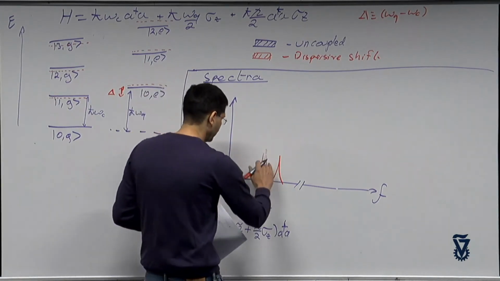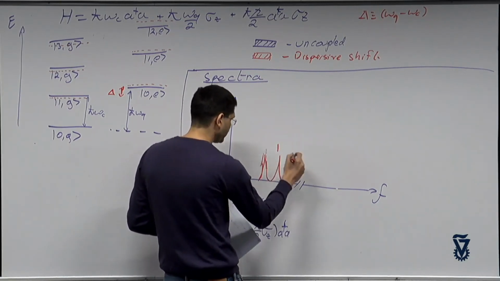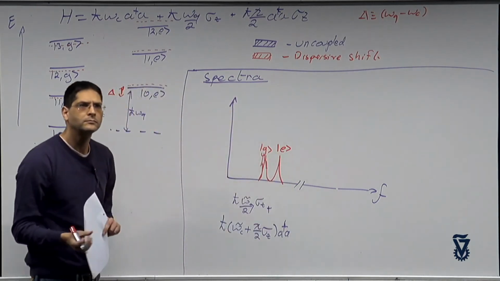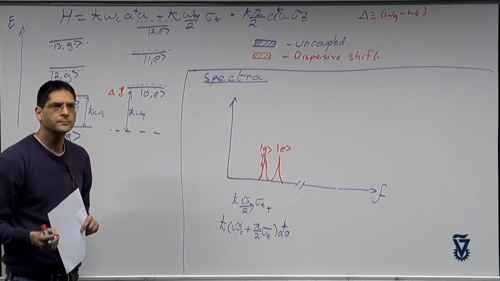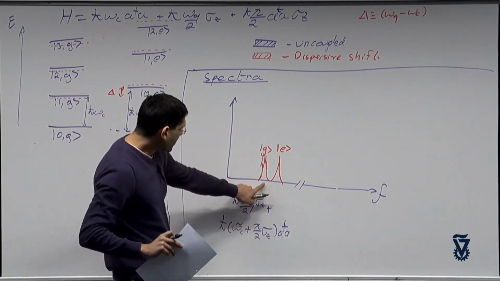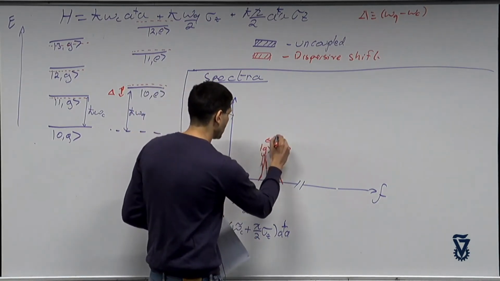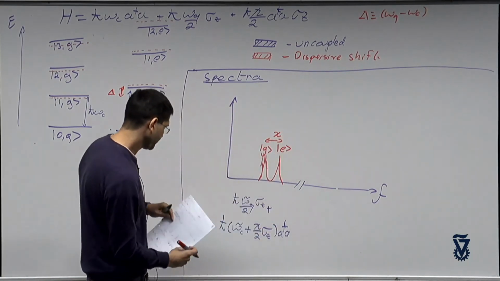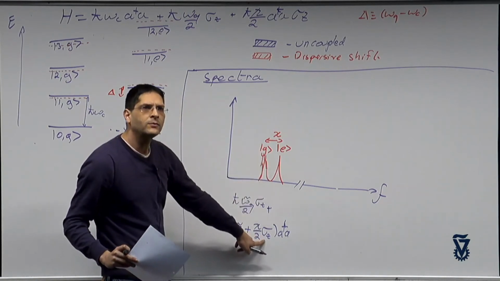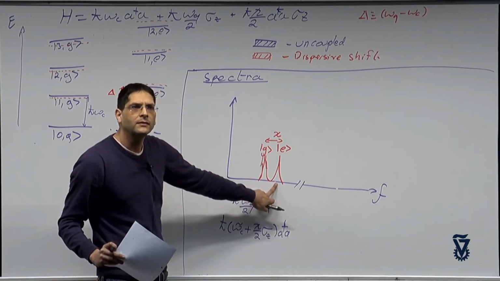We have one peak, which we will call E, and another peak, which we will call G. You can see that the harmonic oscillator now has two frequencies. One frequency when the qubit is in the ground state, and another frequency when the qubit is in an excited state.